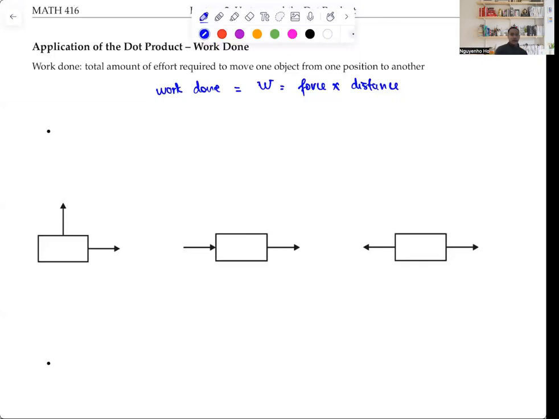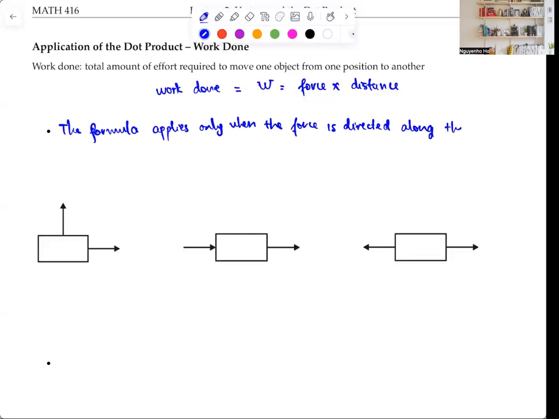And this formula applies only when the force is directed along the line of motion. And when I say this, I assume that the line of motion is horizontal and not in the vertical direction.